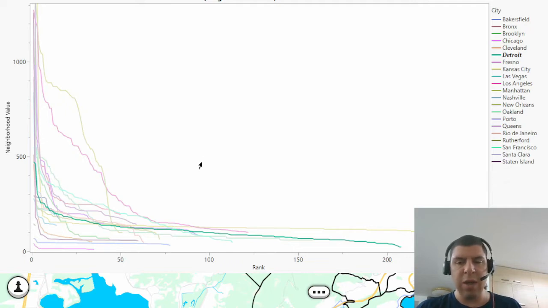Since there are approximately 200 neighborhoods in Detroit, I'm going to ignore the first 50 neighborhoods and the last 50 neighborhoods. At the 50th neighborhood, we're looking at a neighborhood value of 128, and at the 150th, a neighborhood value of 68, which is a difference of 60. That gives me a good indication of how much change there is in the majority of the neighborhoods in a specific city.